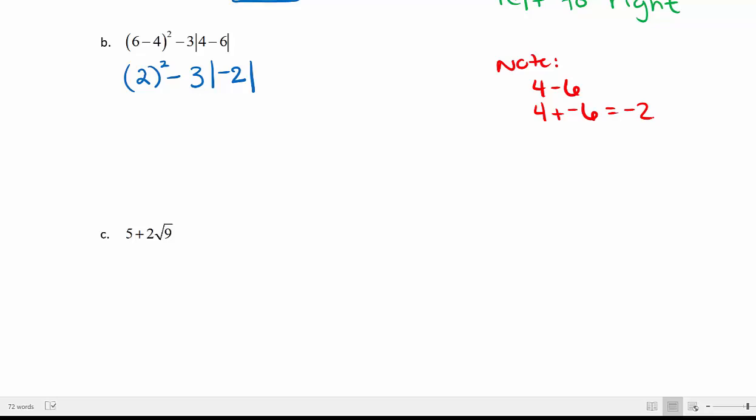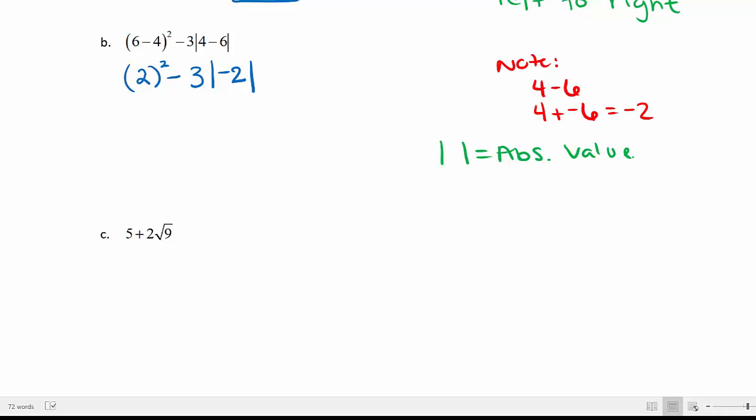As you start doing more and more subtraction, you can start to kind of just think of that minus sign as being attached to the 6, attached to the number behind it. And so when I look at this in my head, I'm thinking positive 4, negative 6, and that's how I was able to get the negative 2 quickly. Now, those straight bars are absolute values, and that simply means the magnitude or the distance from the origin.